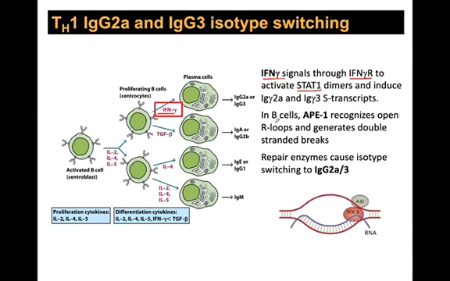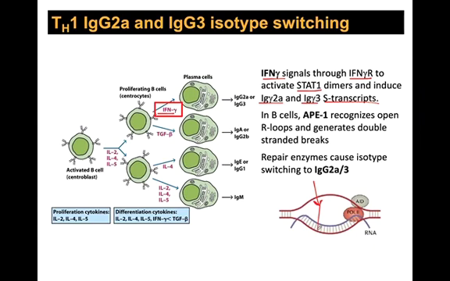Okay, so in the B cells, this S transcript is holding open the R regions before these two isotypes, and that allows APE1 to come in and recognize all of the CDU mutations that have been cleaved out and start making cuts there.